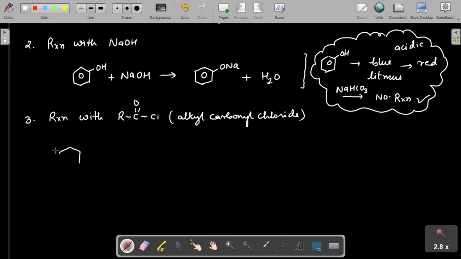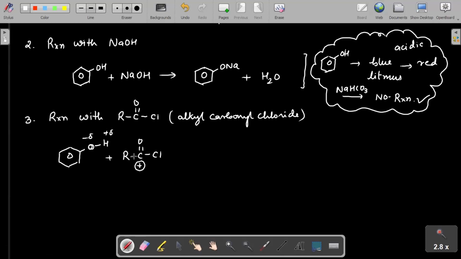The reaction is again a simple reaction: the phenol plus RCOCl. Now remember the carbon here is very positive, because there are two highly electronegative elements connected with this carbon. Now in phenol, because of the oxygen here, oxygen is negative, hydrogen is positive.